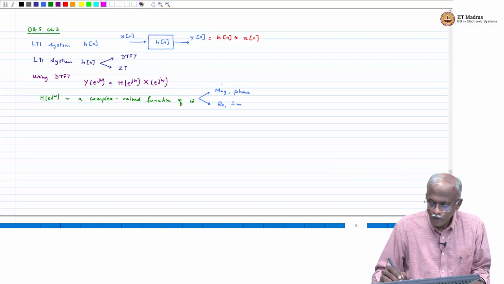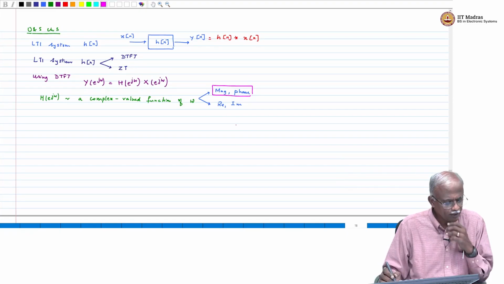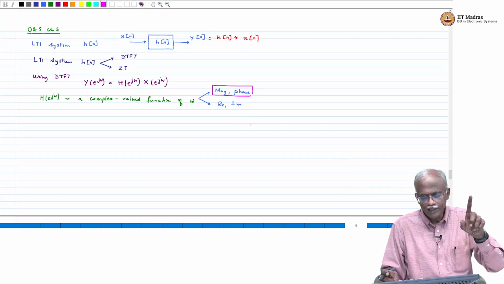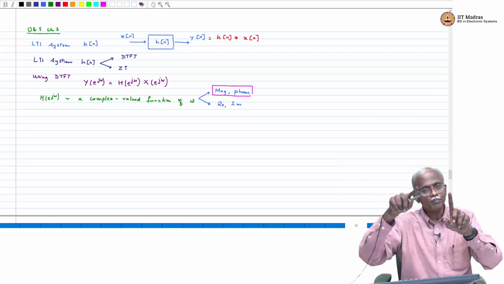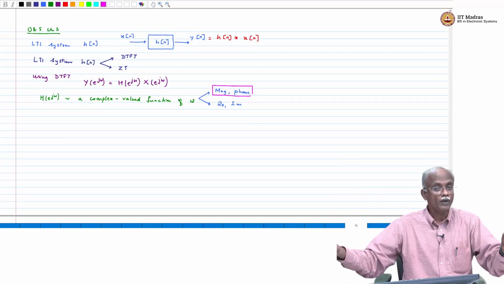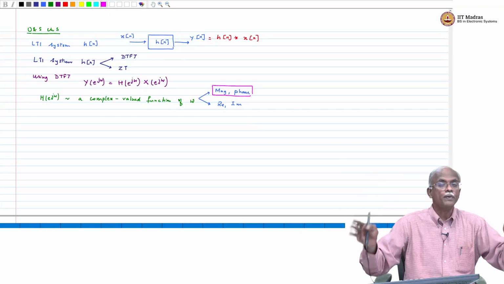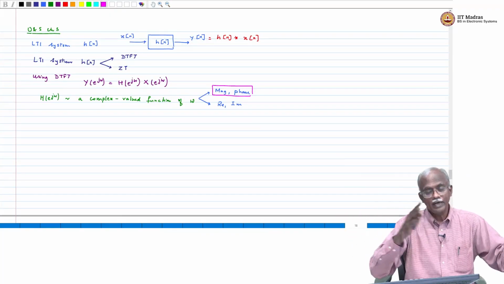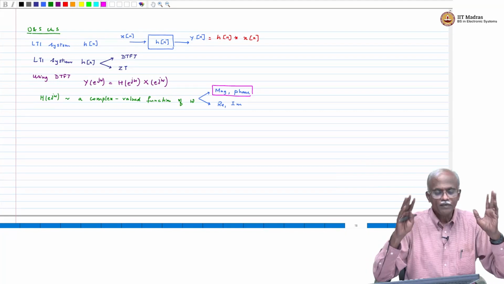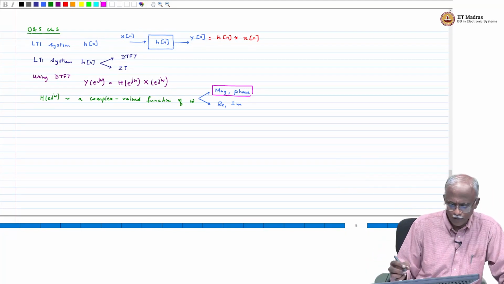We are going to be focusing more on the magnitude and phase in this particular chapter. And of course keep in mind that H e of j omega is a periodic function with period equal to 2 pi. So all of our discussions will be limited to one period, 0 to 2 pi or from minus pi to pi, and that will give us a complete understanding of what we are interested in.